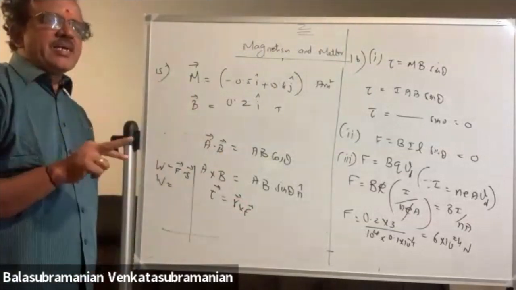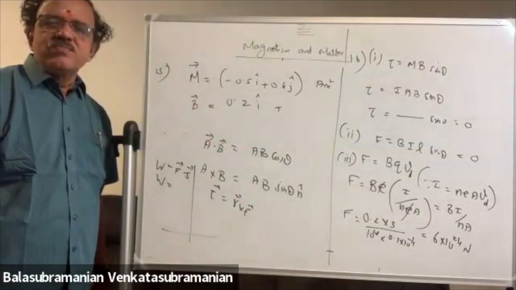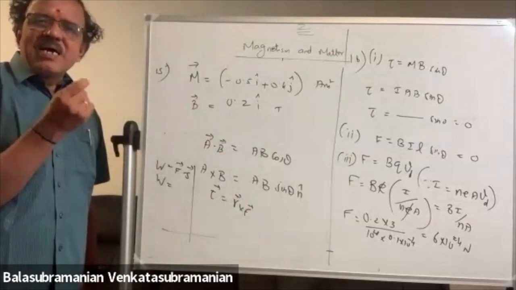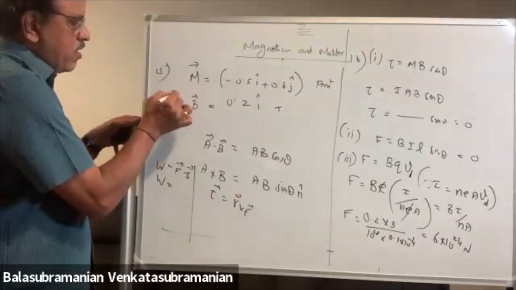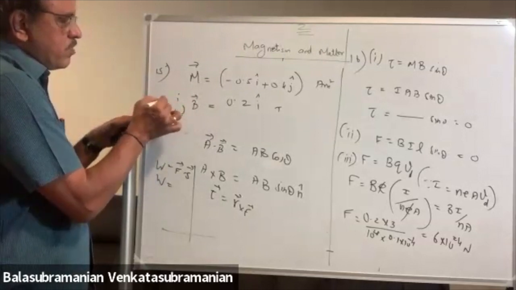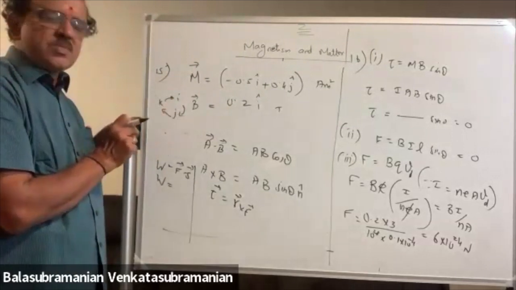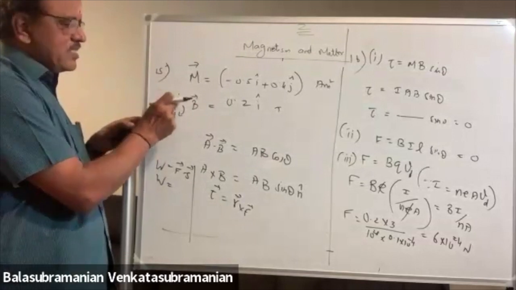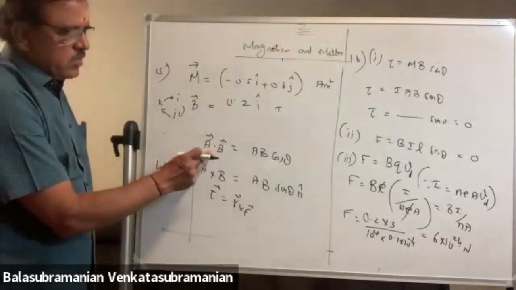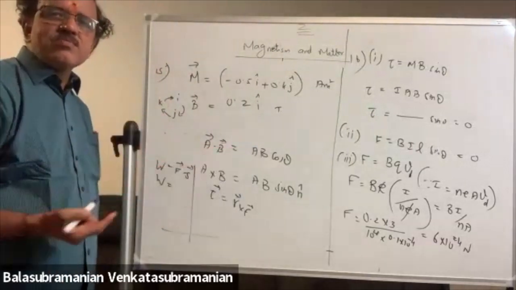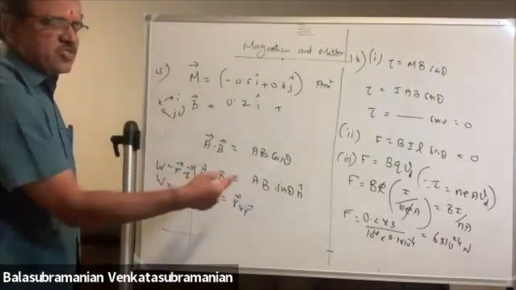While multiplying i cross i or i dot i, please think and do it. i dot i, i cross j is k, j cross k is i, k cross i is j, like that. i dot i is 1. i cross i means it is 0.